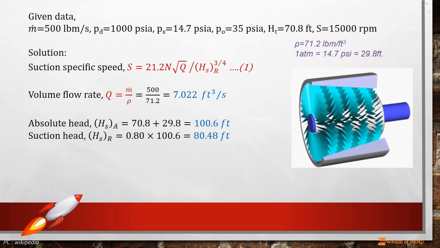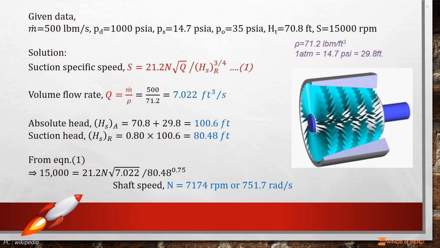The required suction head will be taken as 80% of the available suction head in order to provide a margin of safety for cavitation. Then HS suffix R is equal to 80.48 feet. Here we assume a suction specific speed of 15,000, a reasonable value if no test data are available.